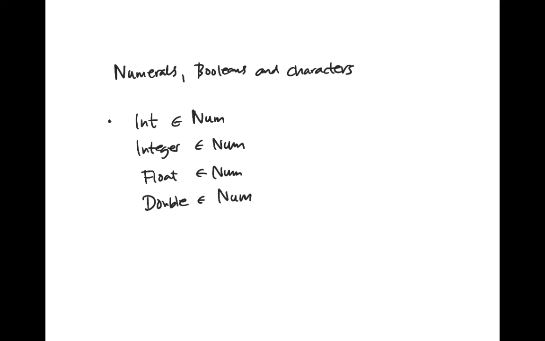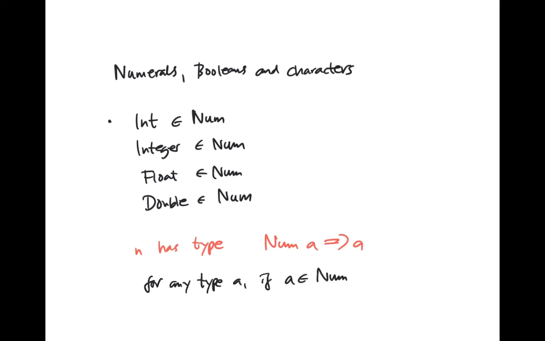Remember, a type class is a family of types. Every numeral n has type, and this is interesting. It has the type num a to a, meaning that for any type a, if a is a type in numeral, then n has type a.